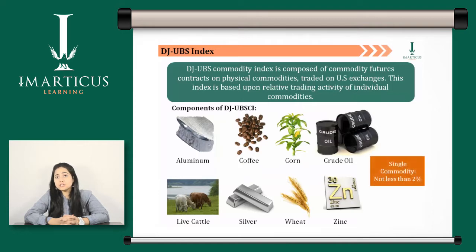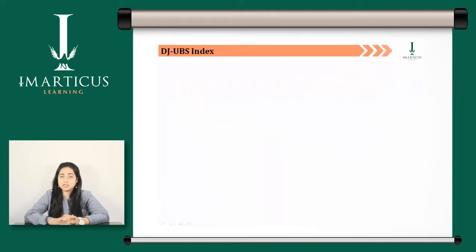No single commodity may constitute less than 2% of the index, and no related group of commodities, for example, energy, precious metals, livestock, or grains, may constitute more than 33% of the index.